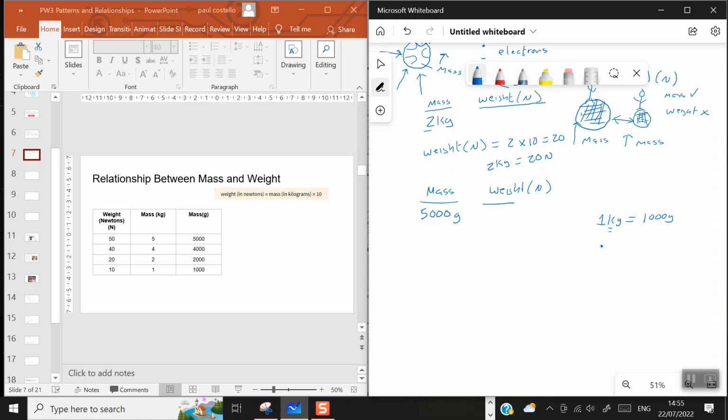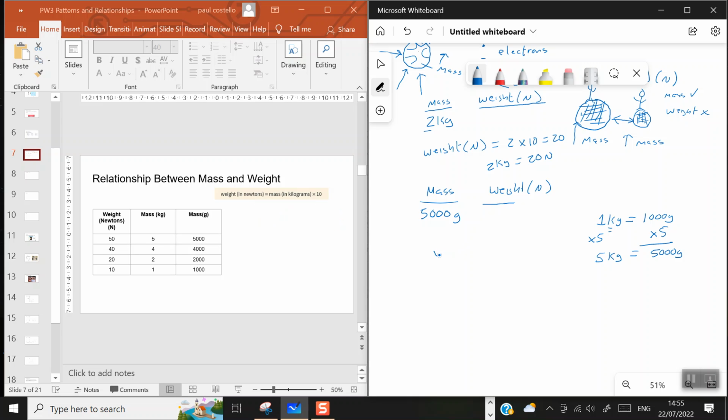So if we multiply that by 5, which gives us 5,000 grams, we'd have to multiply this by 5 as well. So that will be equal to 5 kg. So 5 kg is equal to 5,000 grams, or 5,000 grams is equal to 5 kg. So then we can use this formula.